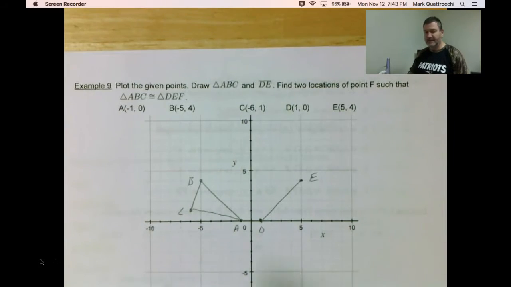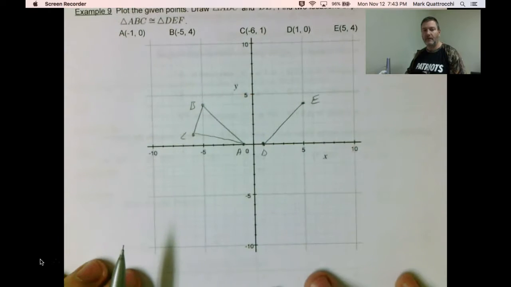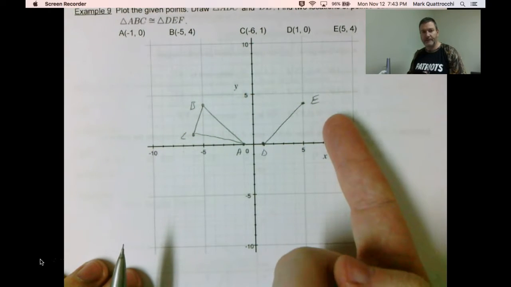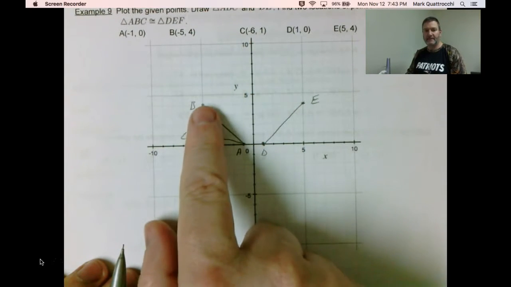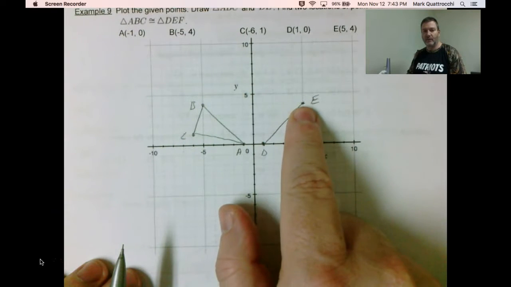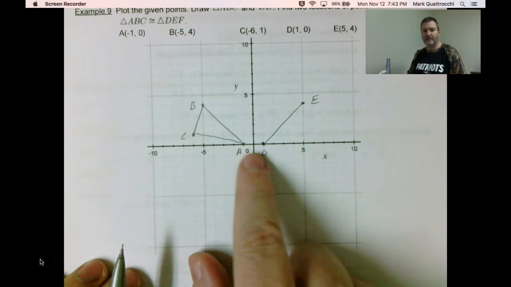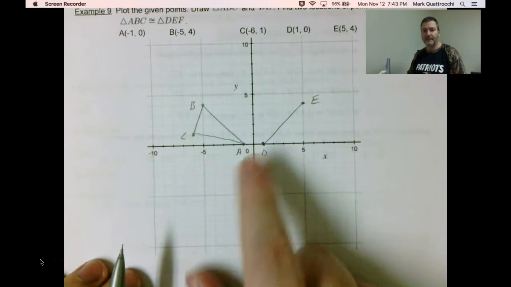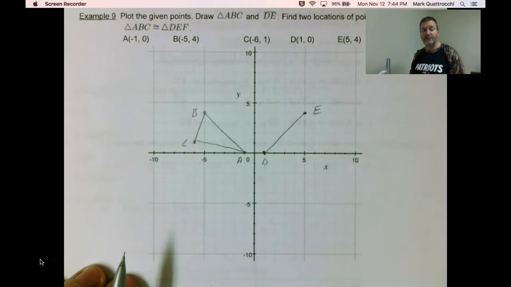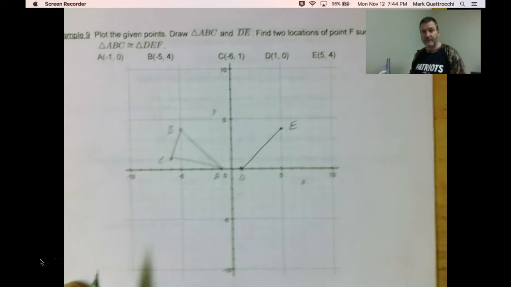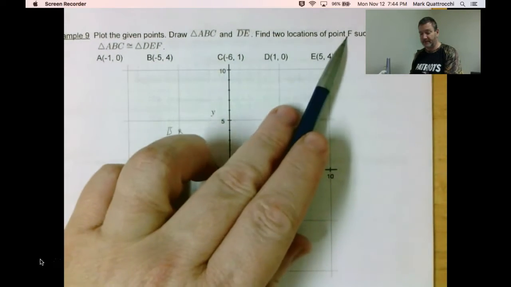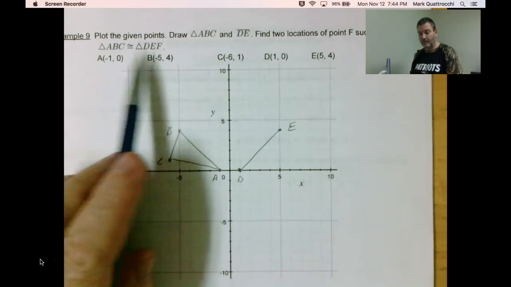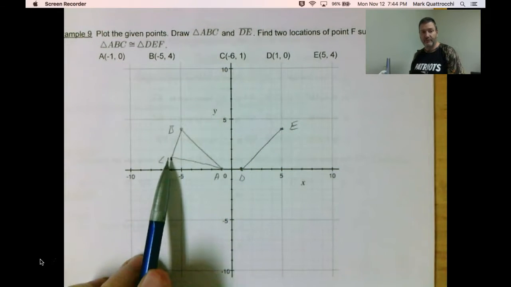And we've already got this set up so that it looks like a reflection in the y-axis. Point B has been reflected over the y-axis to point E. Point A has been reflected over the y-axis to point D. So one location for point F, which is the image of point C, is going to be a simple reflection.